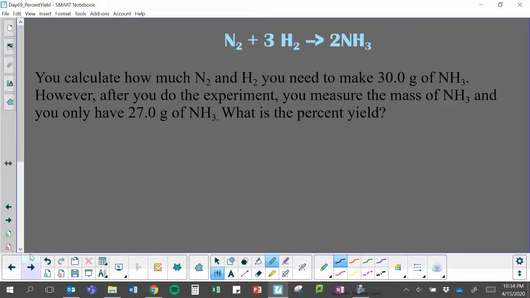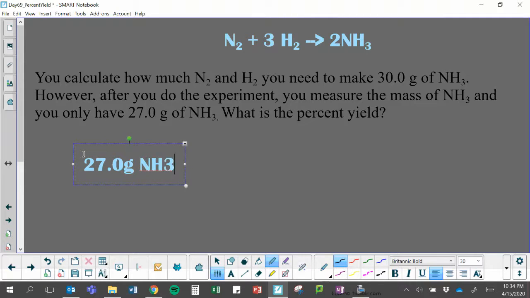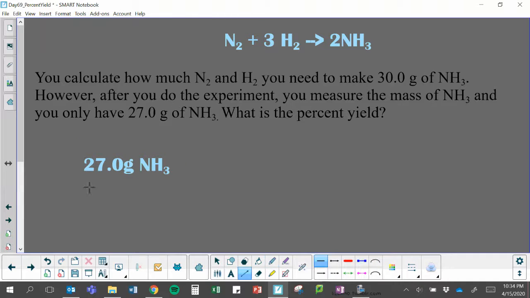So this is where we're using our experiment of actual over theoretical. So the actual or the experimental in this case would be 27.0 grams because that's how much we made in the experiment, how much we actually made. So we'd put that on top. And then this is divided by our theoretical.